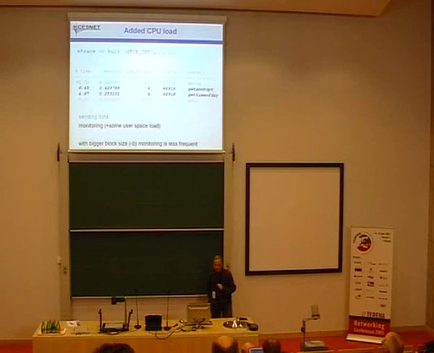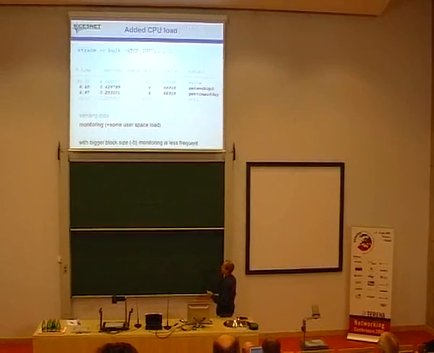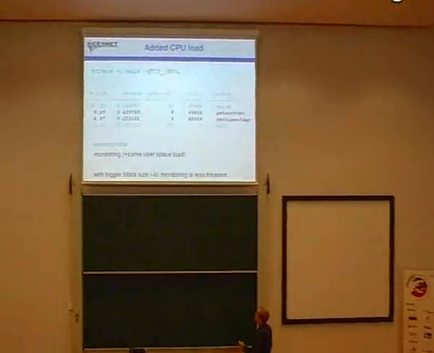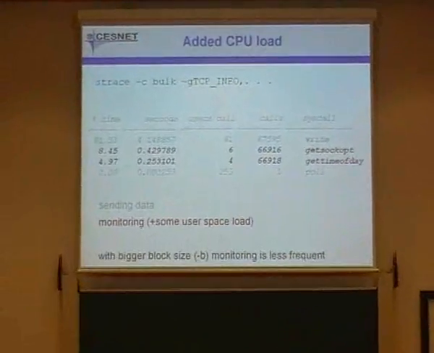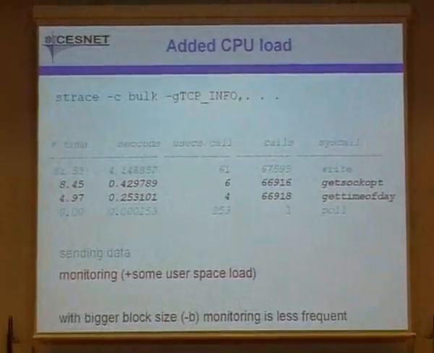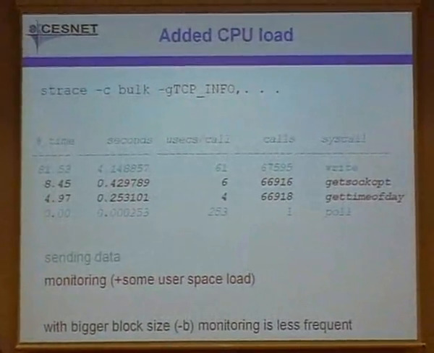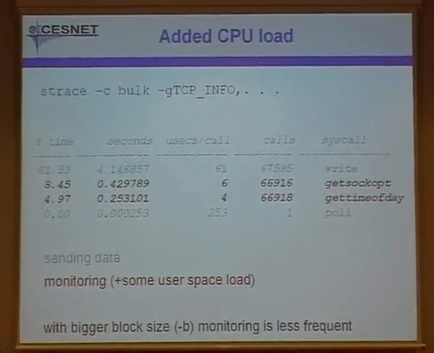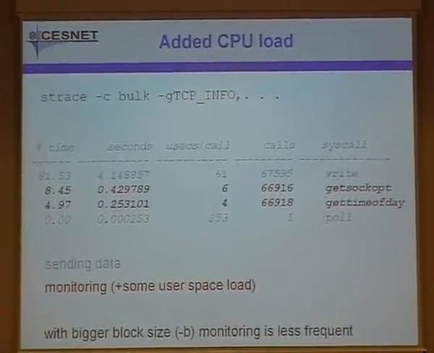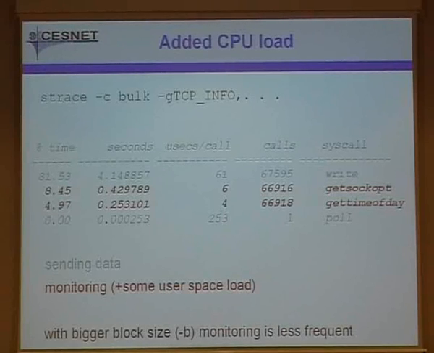And let's look at how much additional CPU load is imposed by using bulk. We can try to use the strace utility with bulk, which reads a TCP info option, to get the number of system calls and the percentage of CPU time spent in those system calls.